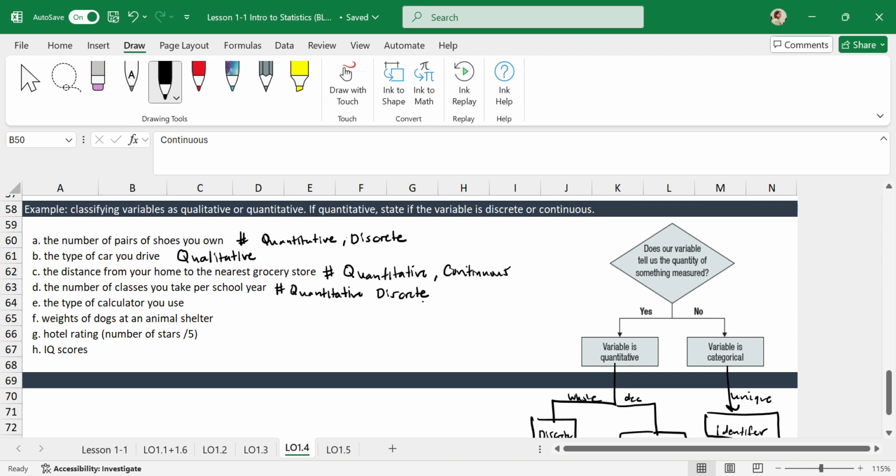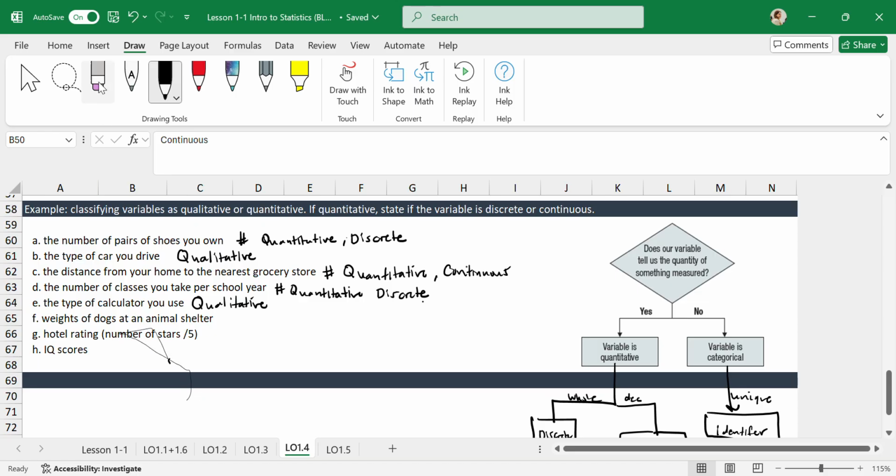The type of calculator you use, if we're putting that into categories like cell phone or scientific or financial, that would be qualitative. Also, if you're sorting it by brand, like Texas Instruments versus another brand, like Sony or something, it would also be qualitative because it's putting it into categories.